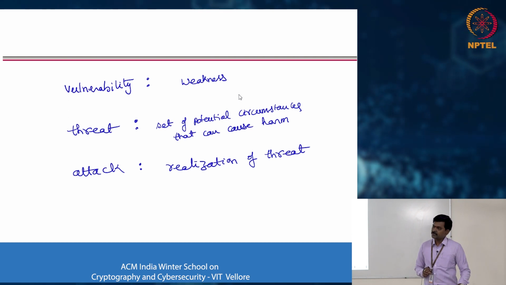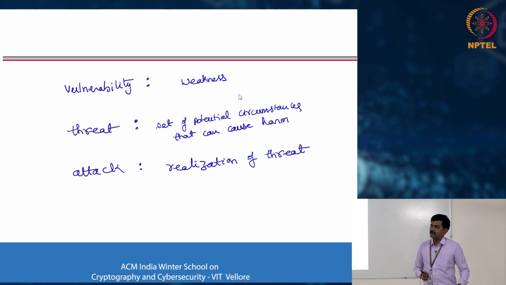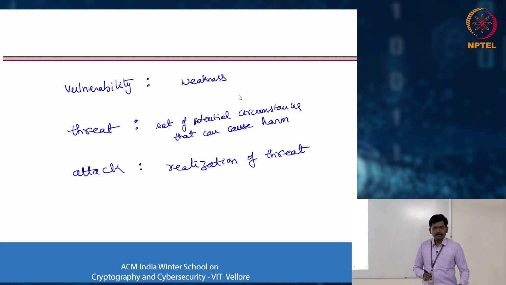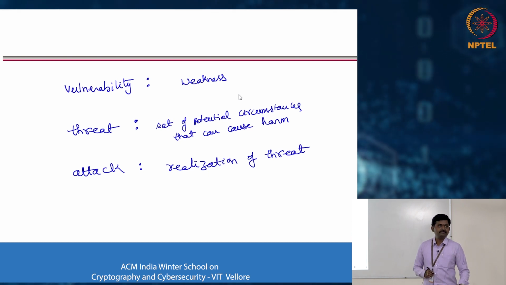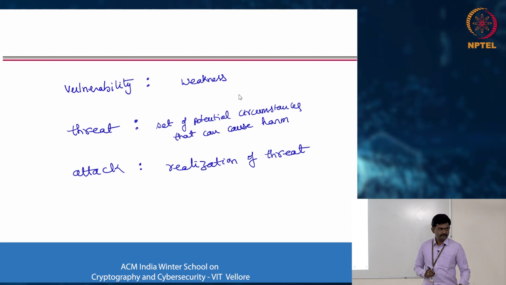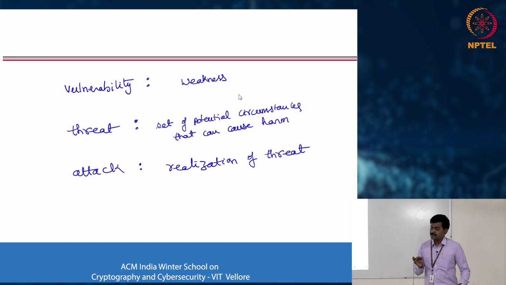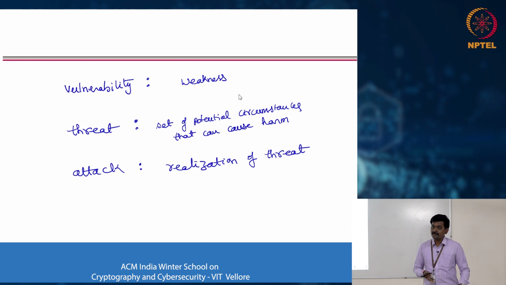Number two, what is vulnerability? If my door is not locked properly, that is a vulnerability. And if that unlocked door is identified by the thief, and he enters the system, it is an attack.